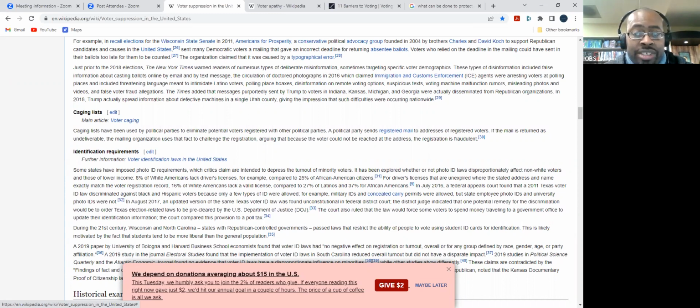If the mail is returned as undeliverable, the mailing organization uses that fact to challenge the registration, arguing that because the voter could not be reached at the address, the registration is fraudulent. That's called voter caging.